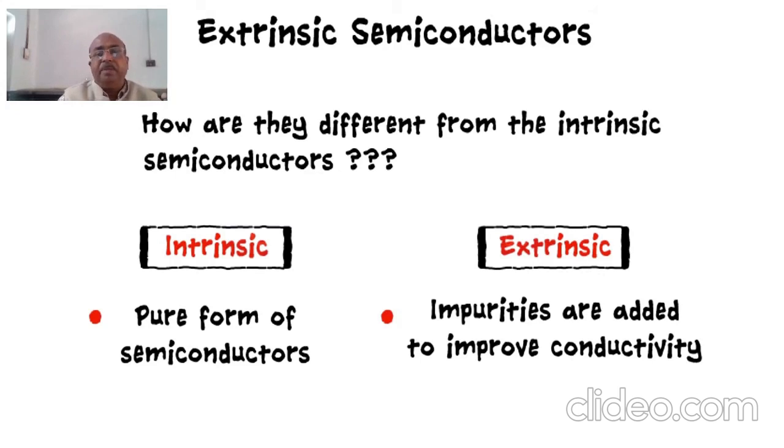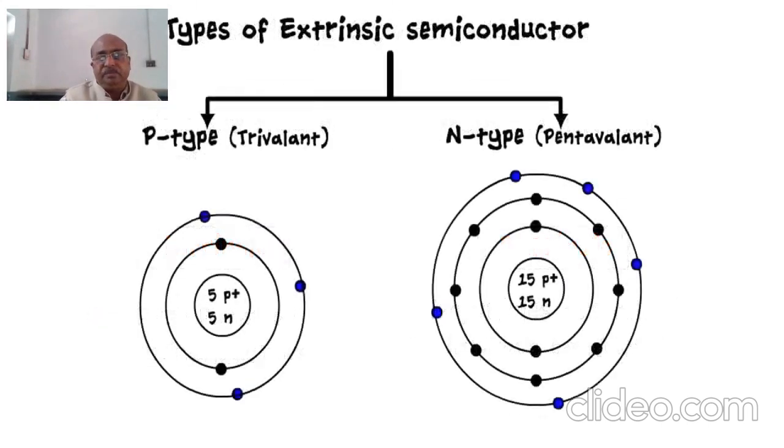There are some impurities added in it. This is also termed as doping. When we add some impurity, or we do the process of doping, then extrinsic semiconductors are made. Now let us look at how this is being done.